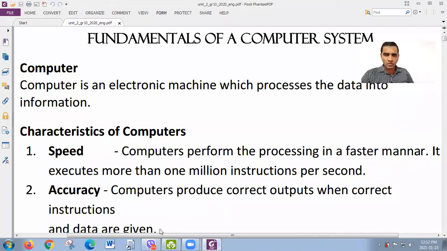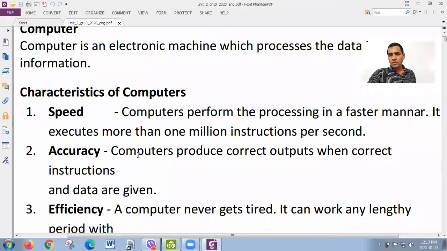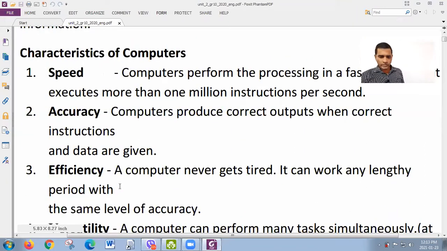So it is accurate. Look at this description. Computers produce correct outputs when correct instructions and data are given. Have you understood? Computers never make mistakes because they follow the instructions. If correct instructions are given, definitely they work correctly.